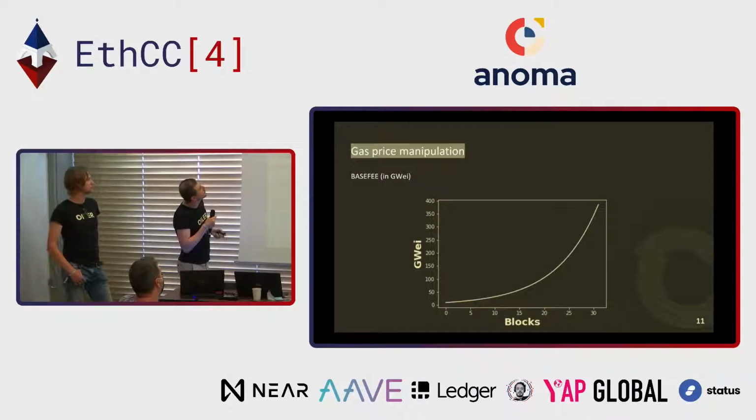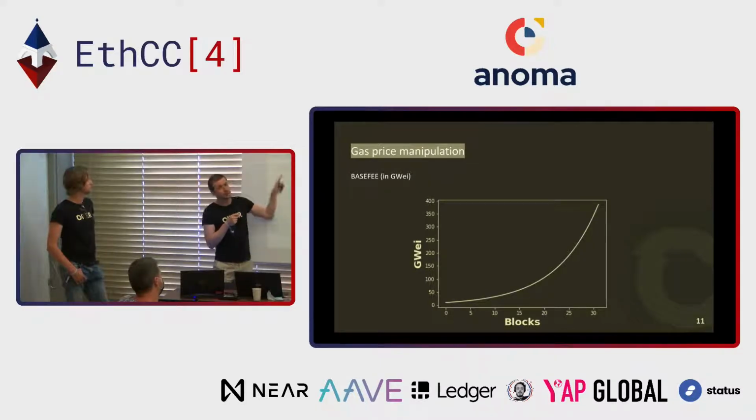As for gas price manipulation after EIP 1559, at the bottom you see just over 30 blocks, which is 30 times 12 seconds, around 6 minutes, right? Over 6 minutes, we can push the base fee from 10 Gwei to 400.